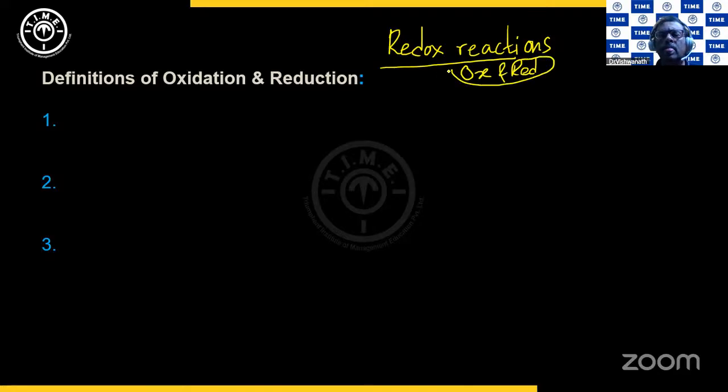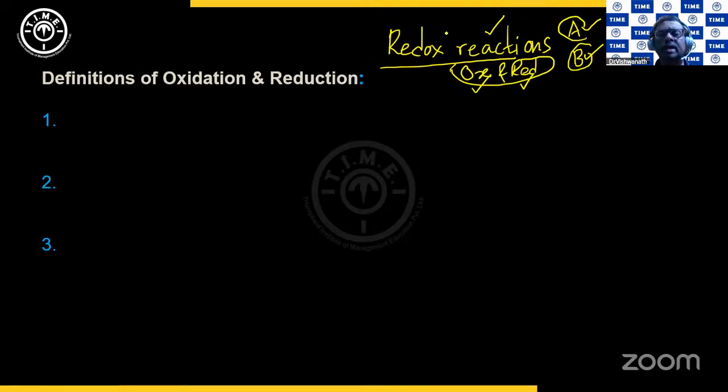Let us say a substance A reacts with a substance B. If A has got oxidized, it means that B has got reduced, which means that B is oxidizing A, or A is reducing B. So it is a mutual activity.